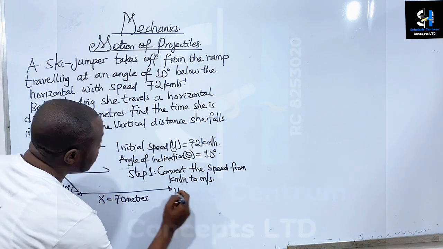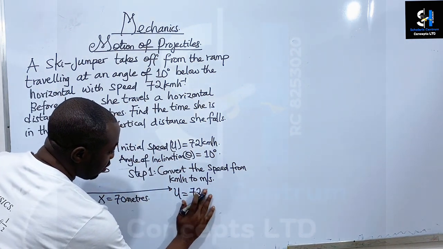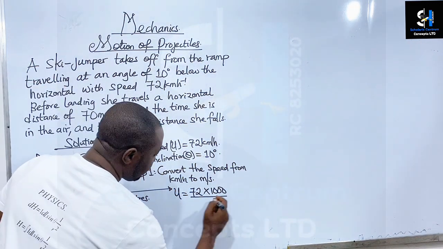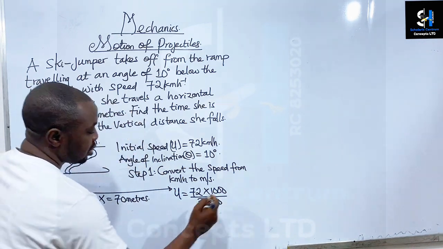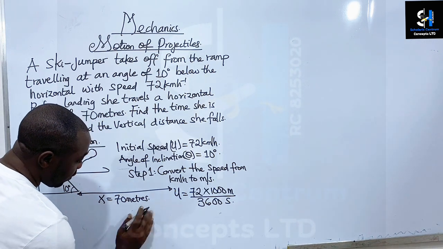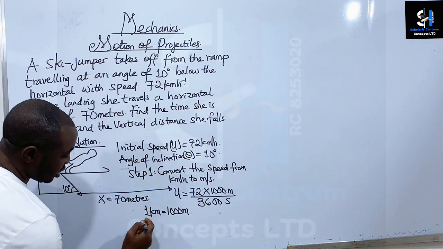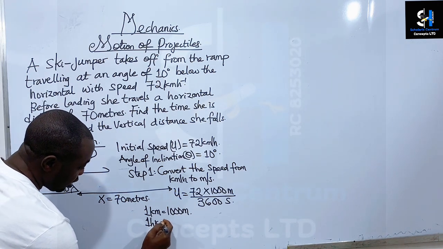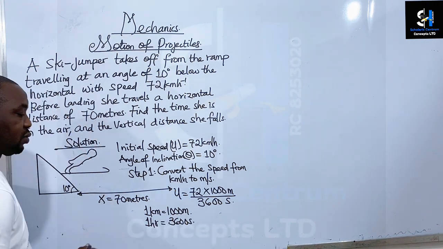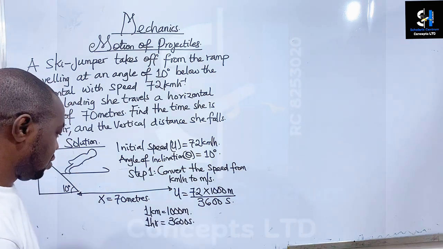The speed, 72 kilometers per hour, will be 72 multiplied by 1000, divided by 3600, in meters per second. Let's not forget that 1 kilometer equals 1000 meters, and in 1 hour we have 3600 seconds. So that is the conversion we just did here.